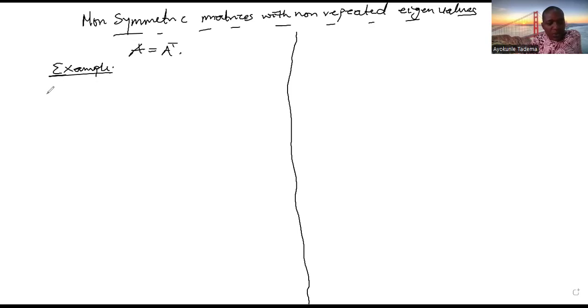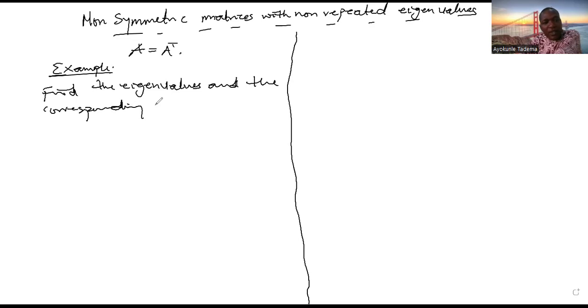And the question is: find the eigenvalues and the corresponding eigenvectors of the matrix below.